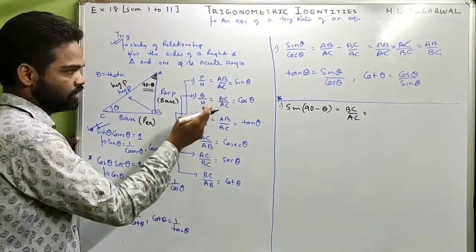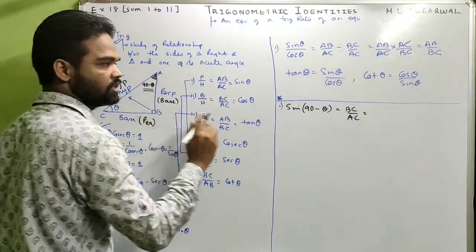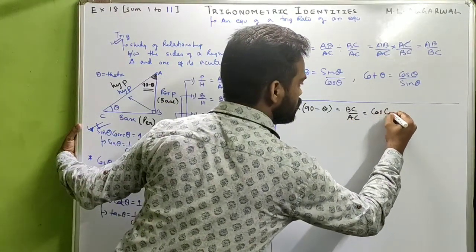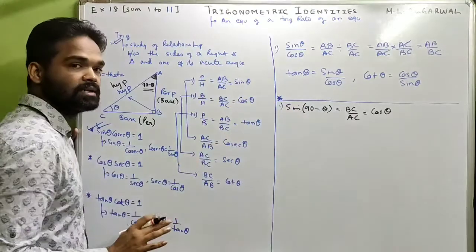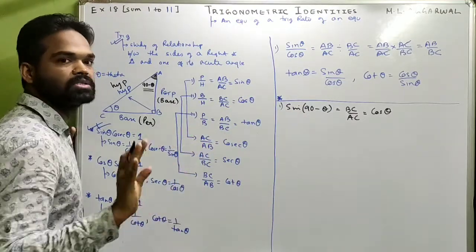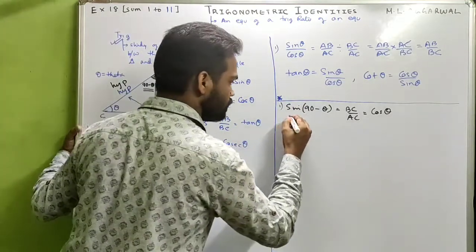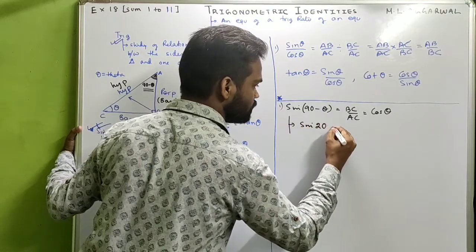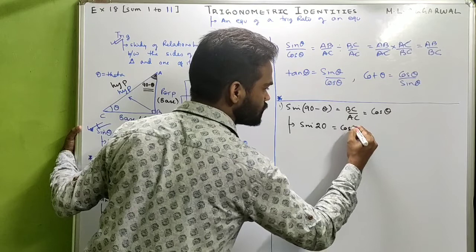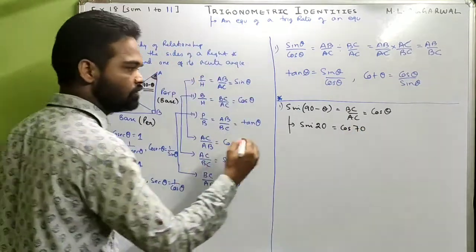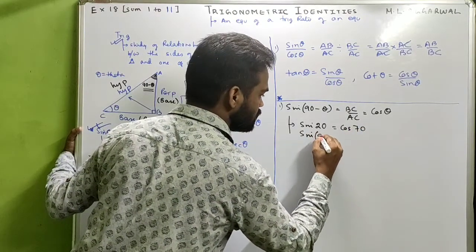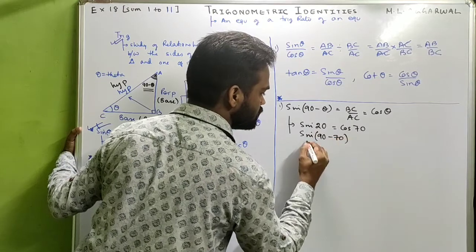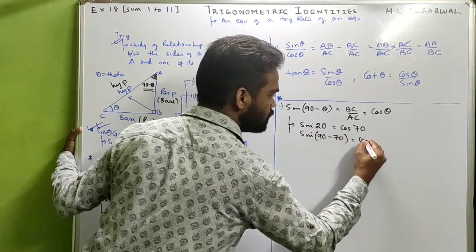And remember, BC by AC was cos theta, which means sin 90 minus theta is equal to cos theta. Okay, which means sin 20 degrees will be equal to cos 70 degrees. How? Because see, this is sin 90 minus 70. Sin 90 minus theta will be what? Cos theta.